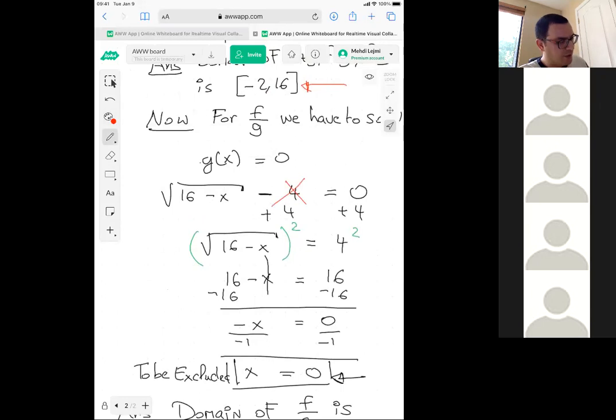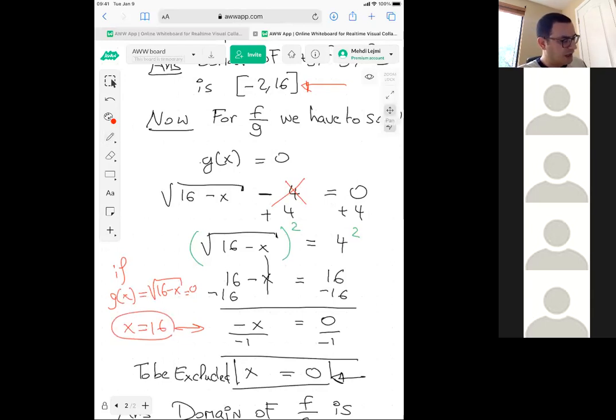We would solve the square root of 16 minus x equal to 0. You square it, then you have 16 minus x equal to 0, so the solution would be x equal to 16.